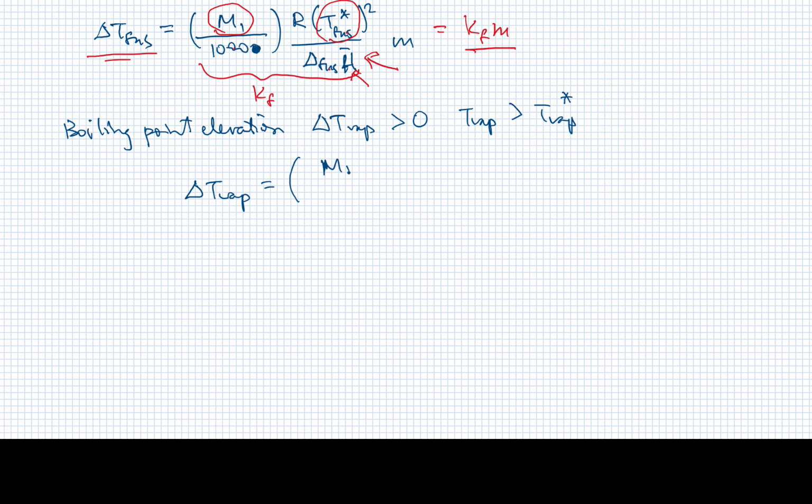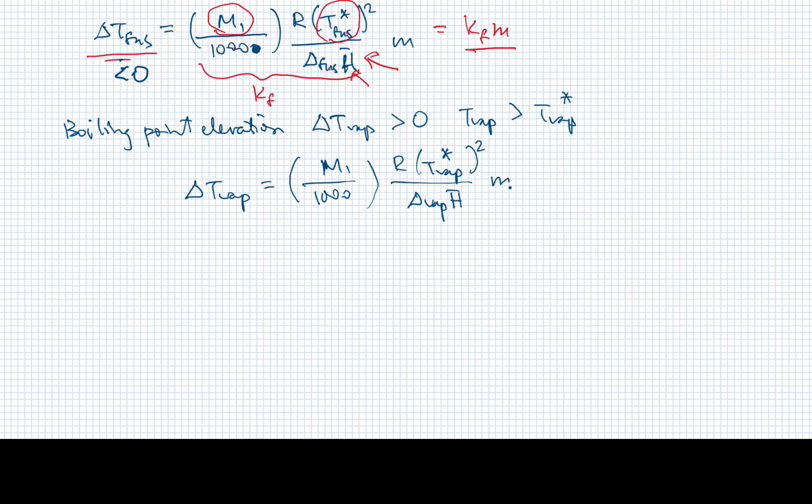It's going to be the molecular weight of the solvent times R times the vaporization temperature of the pure solvent squared over the vaporization enthalpy, times the molality. Again, up here this change is smaller than zero, and this change will be greater than zero.